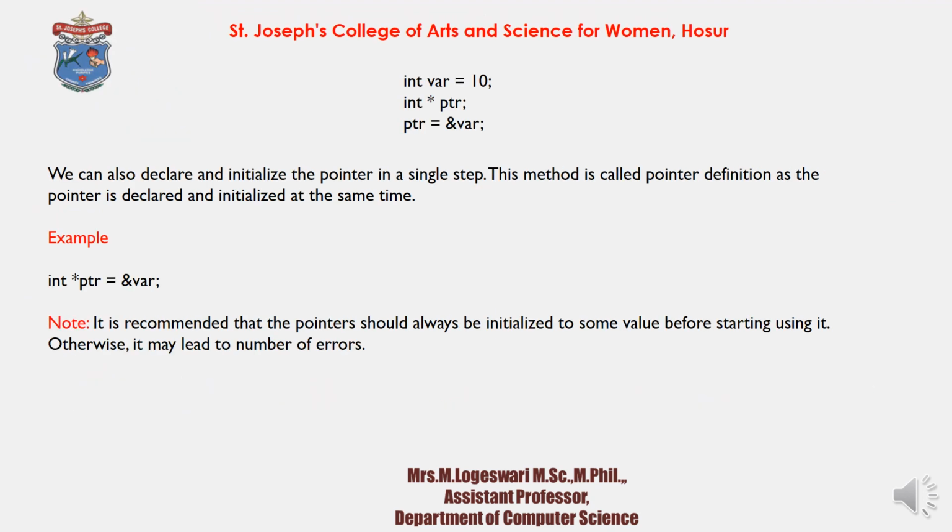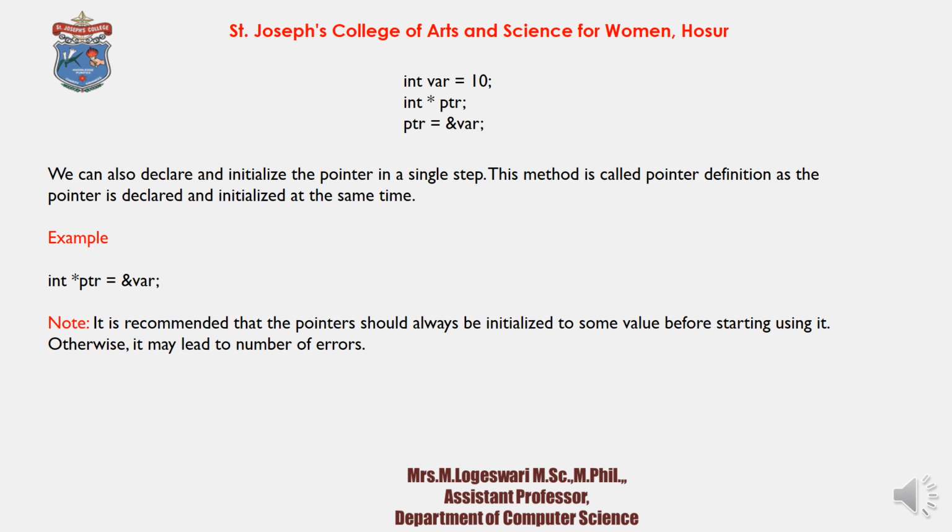Example for pointer declaration: int var = 10. This is the local variable declaration, meaning 10 is assigned to the variable. After that the pointer declaration, int *ptr. After that ptr = &var. It means the address of the variable is moved to the pointer variable.